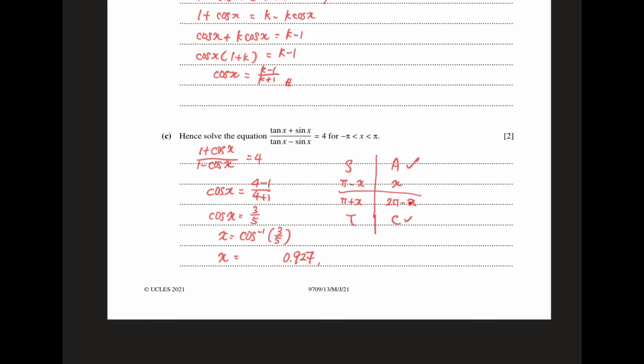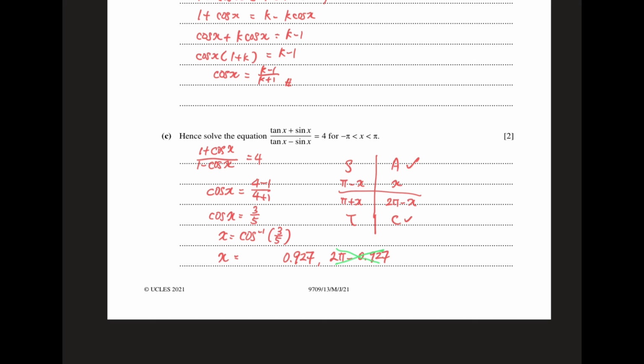Fourth quadrant is 2 pi minus x. For sure it is over pi already, but I just find it out first. So the other angle in the fourth quadrant is 2 pi minus 0.927. But the angle in the fourth quadrant is already more than pi. So this is not acceptable, because it's more than the interval already.